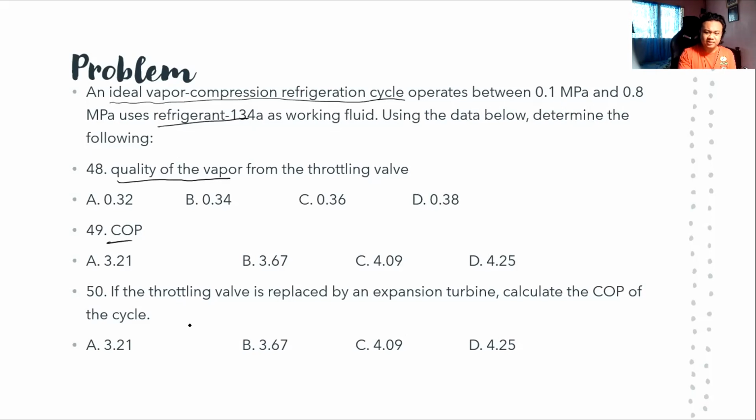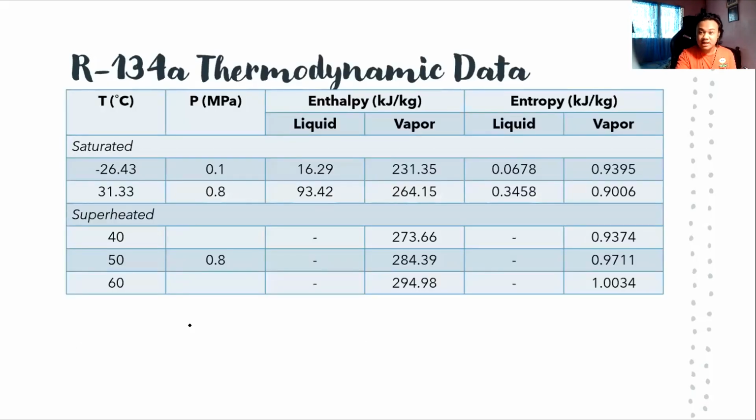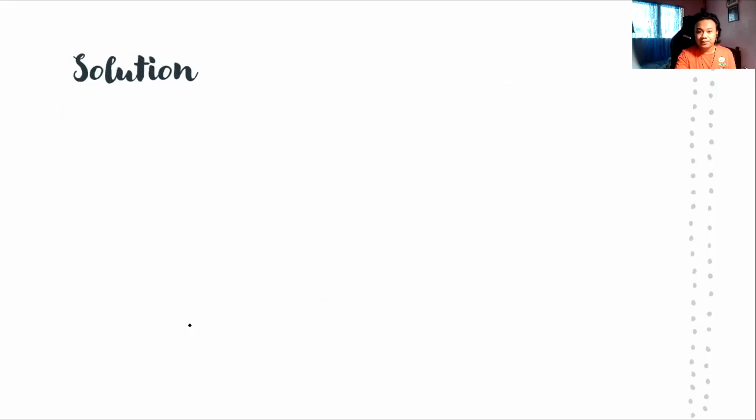Actually, how this works is just the same as the ideal Rankine cycle, but it is different in components because it is refrigeration. We are also given the thermodynamic data of our R134A. So let's draw what comprises an ideal vapor compression refrigeration cycle.